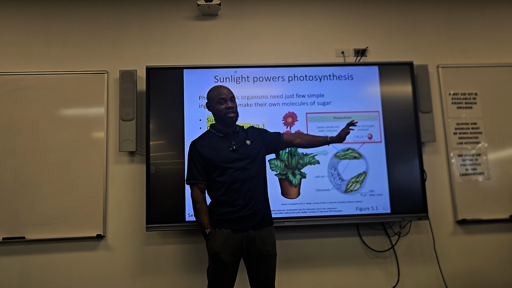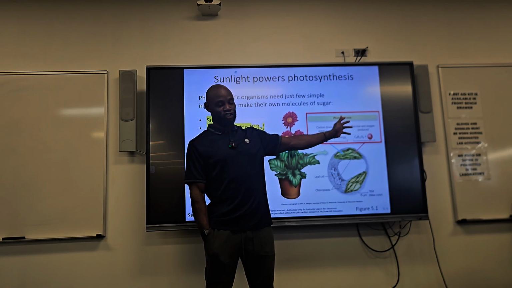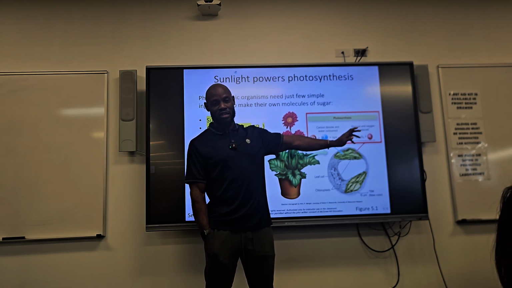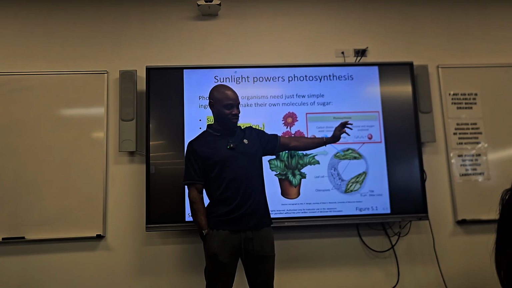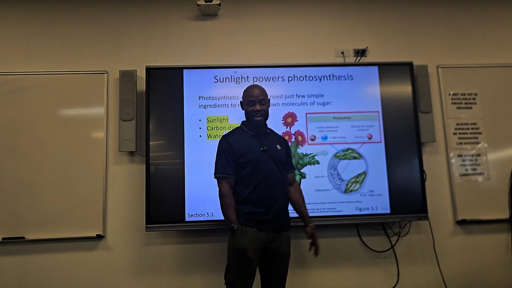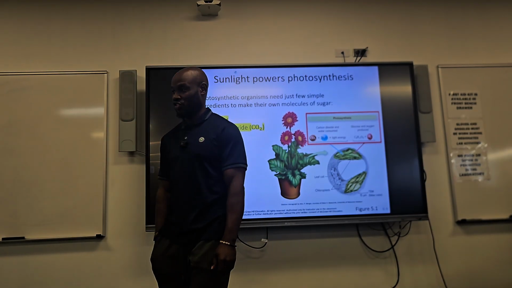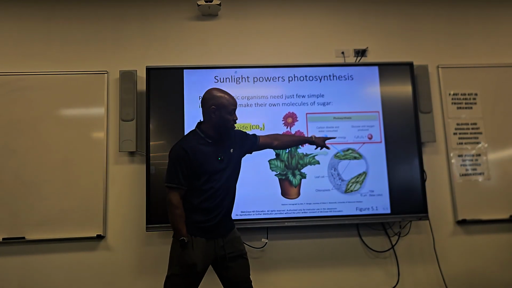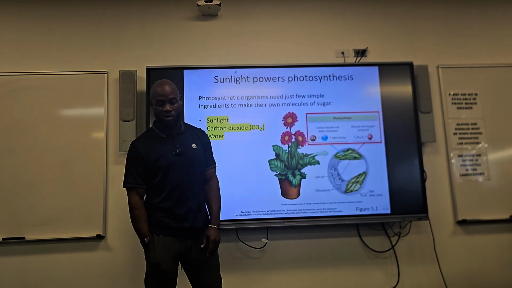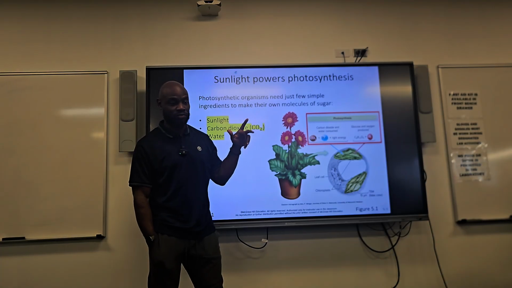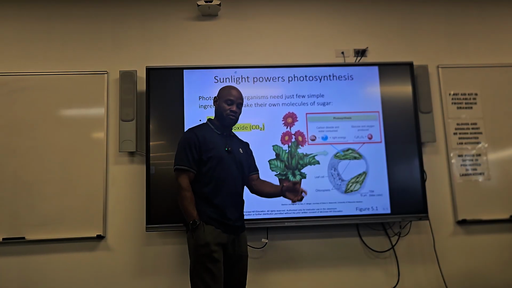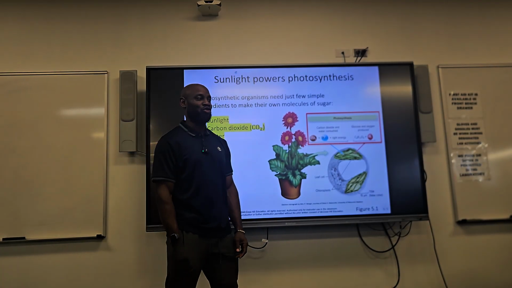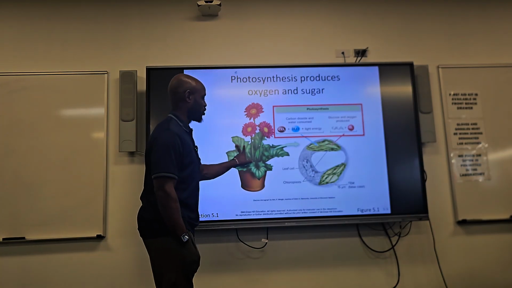It's a sugar, but what is the more specific term? Monosaccharide. And oxygen. They release oxygen, right? So glucose and oxygen are made. This glucose can then be used to power reactions inside the plant cell, make ATP, and therefore allow the plant to be able to live.